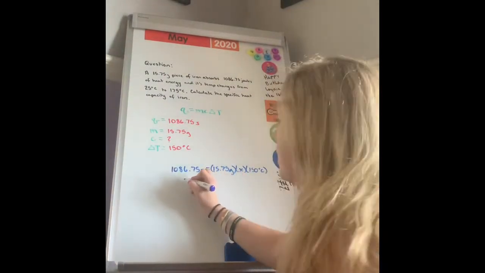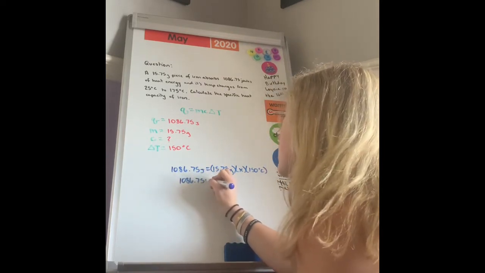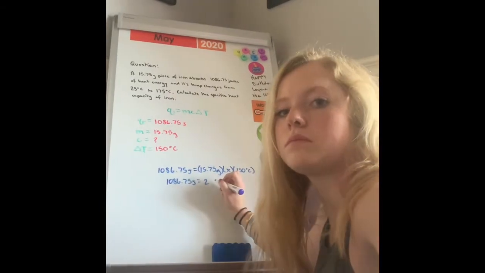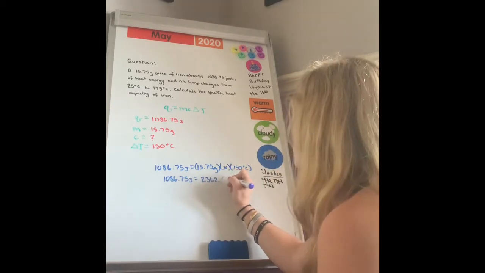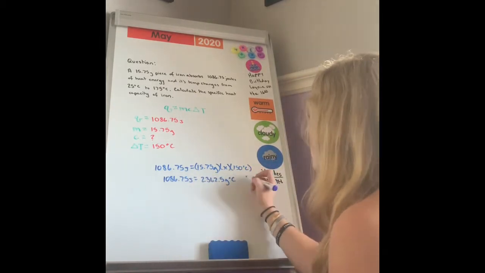So we rewrite our equation. 1086.75 equals 2,362.5 Celsius, and then X.